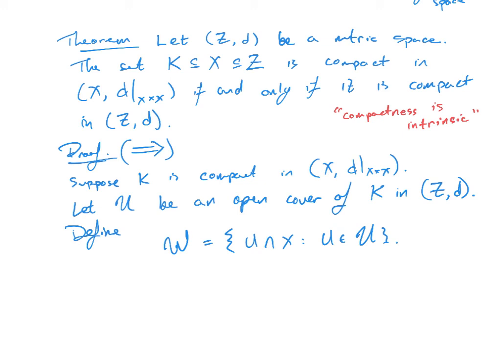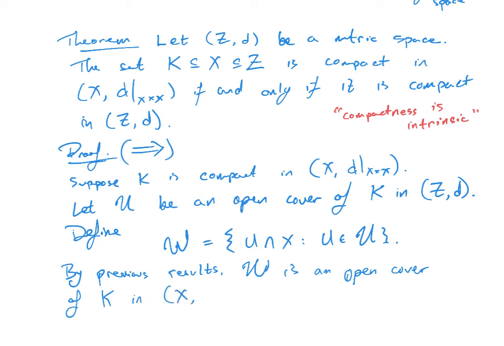What we proved there is that each of these intersections is actually open in X, by previous results. So W is an open cover of K in the smaller metric space.